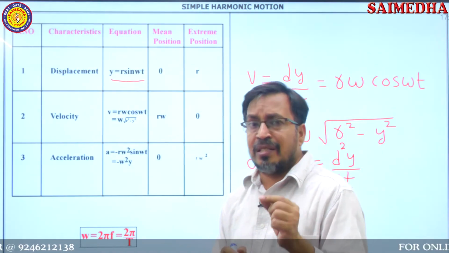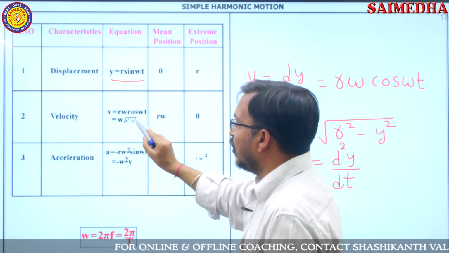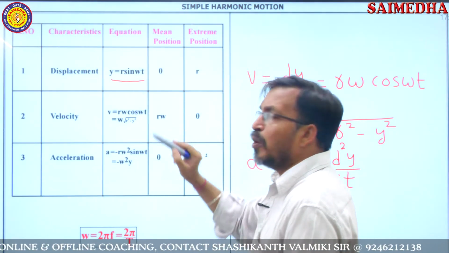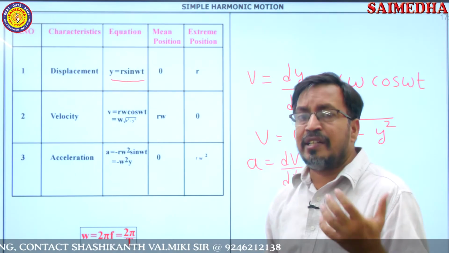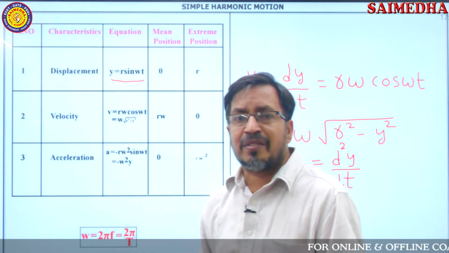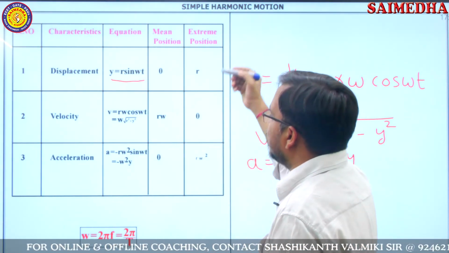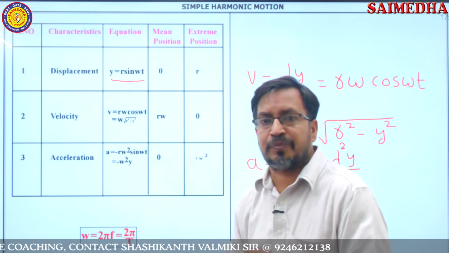Then the velocity at mean position, here y equals 0, then it is r omega. And at extreme position y equals r, then r square minus r square becomes 0. Therefore, velocity at extreme position is 0.